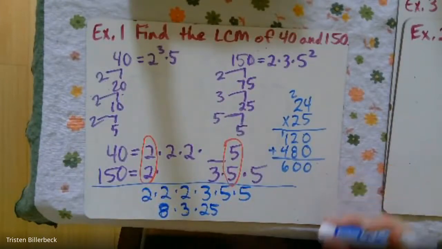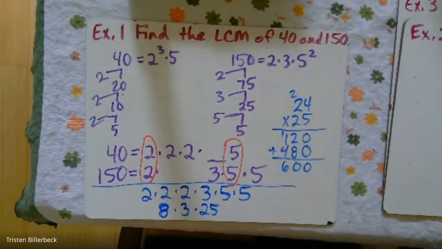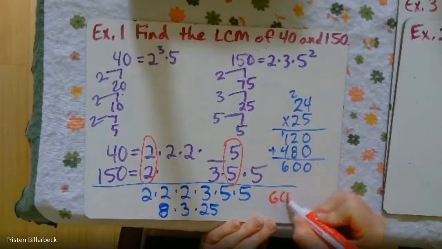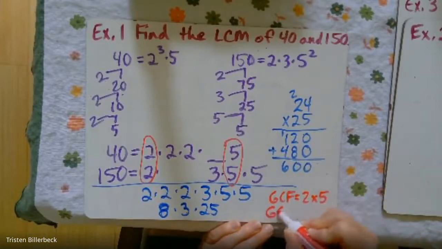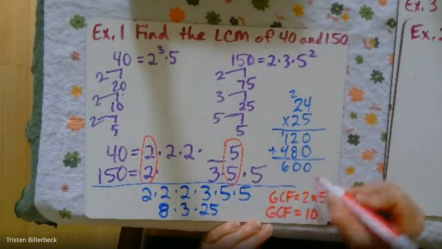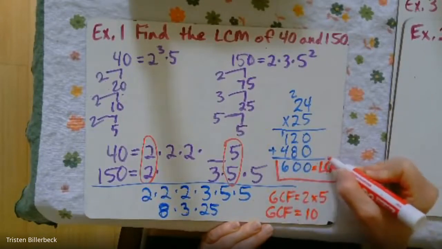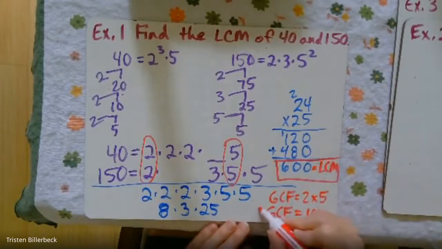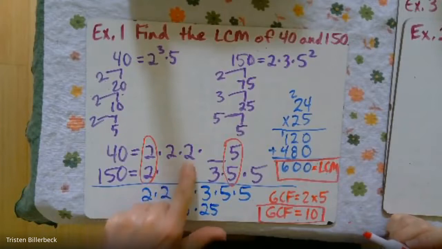All right, so another way we could think of this is as the greatest common factor, because we had just discovered that 2 times 5 is 10, which would be the GCF. So the GCF is 10, but this one is the least common multiple. Okay, so what we could say is, what is 2 times 2?